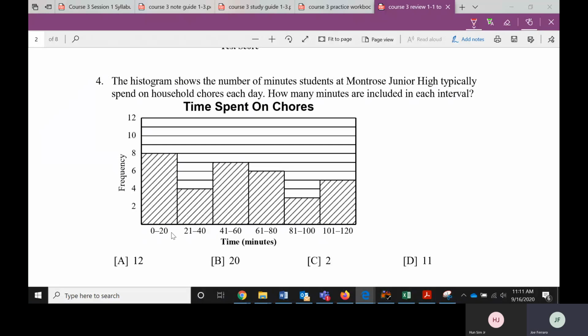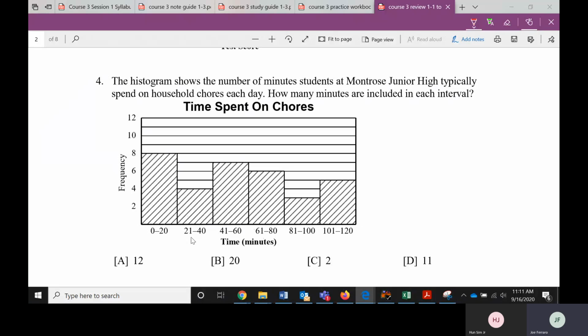Okay, and this is a little tricky because this first one is actually different than all the rest of them. But if we look at all the rest of them, 21 through 40, 41 through 60, and so on. Be careful when you're figuring out intervals. If you subtract these, you get 19, but that's the difference between the two.